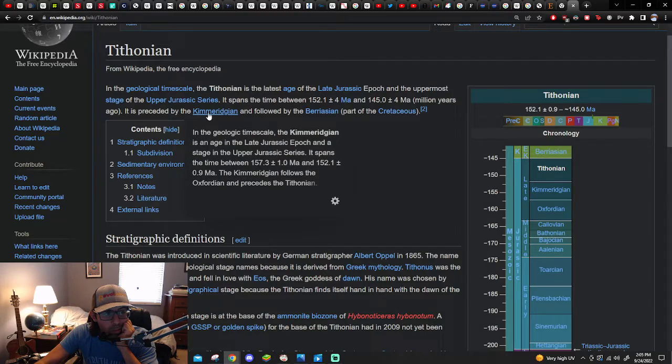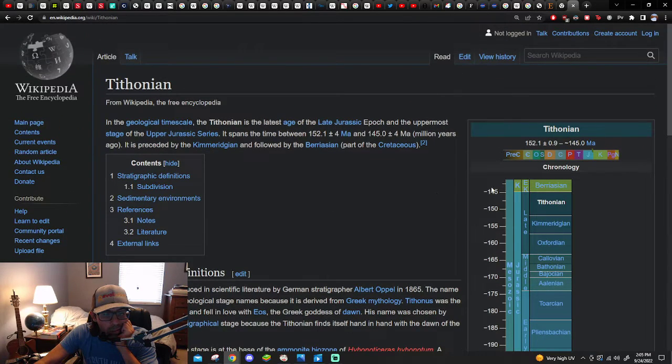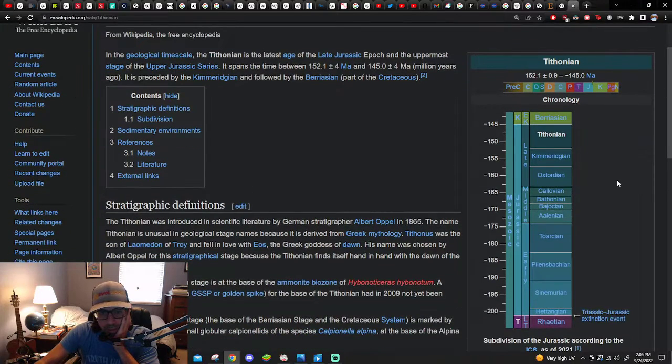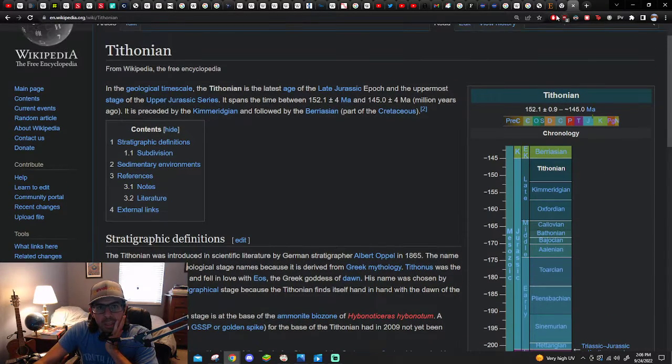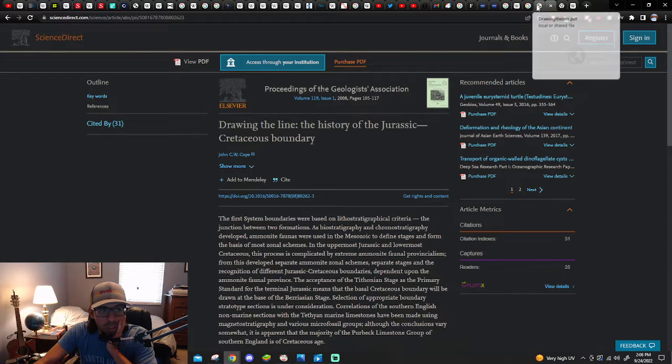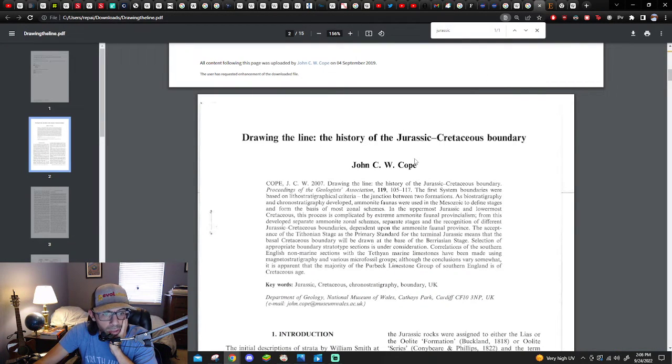Preceded by an age in late Jurassic. Oh, right near the end. Okay, so that's something of importance, around where the line is drawn. Okay, that makes sense as to why they would be talking about that then.